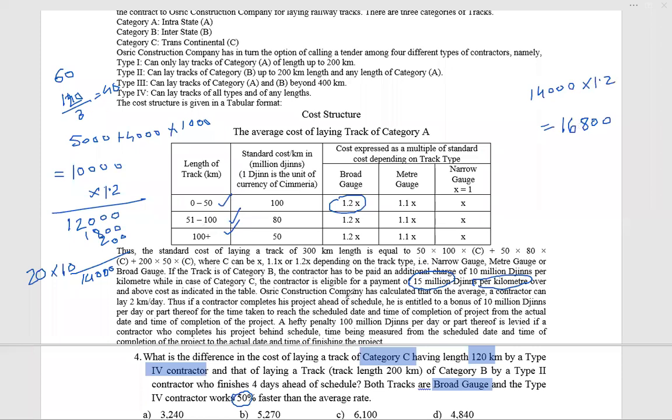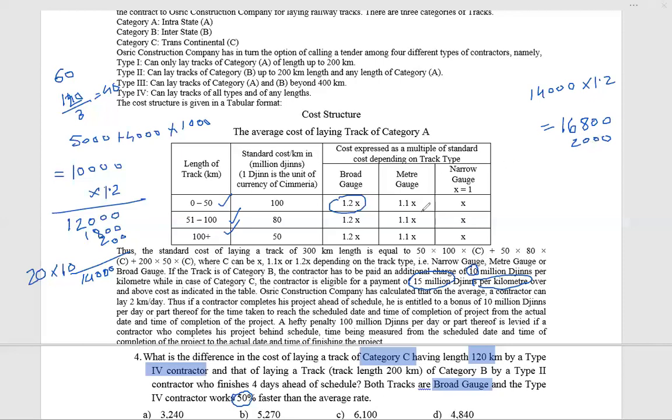Plus, since it is category B, 10 million per day. Sorry, per kilometer. So 2,000 extra.